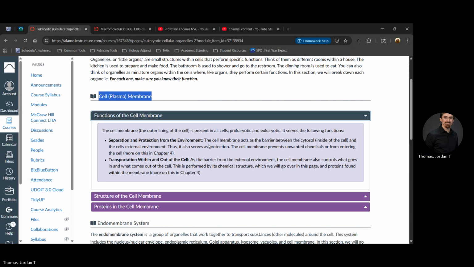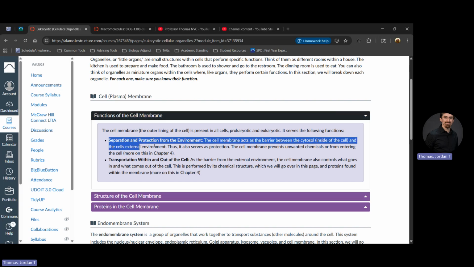Now, as the barrier that separates the inside and the outside of the cell, it has two functions: separation and protection from the environment, meaning that it acts as a barrier between the inside of the cell and the outside of the cell. It prevents things, or certain things, from going in and out.